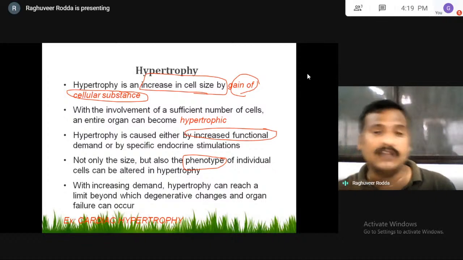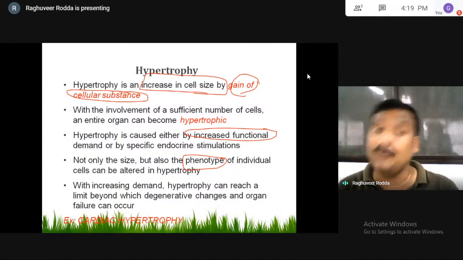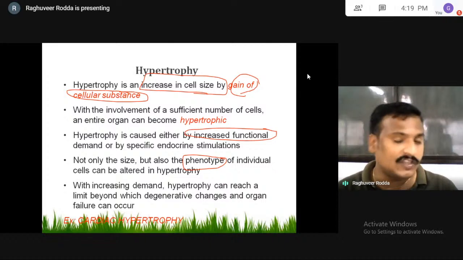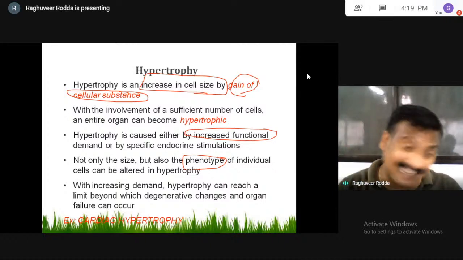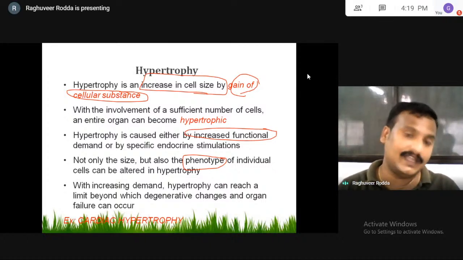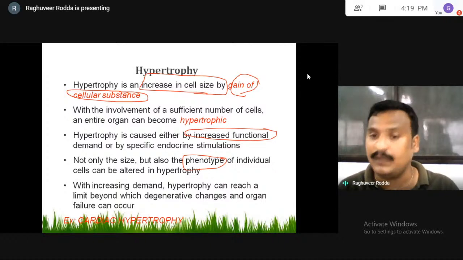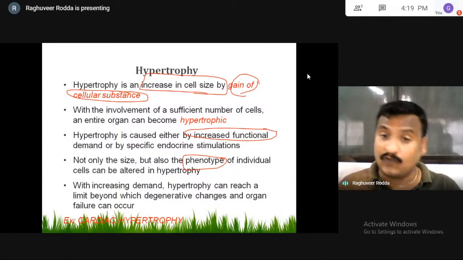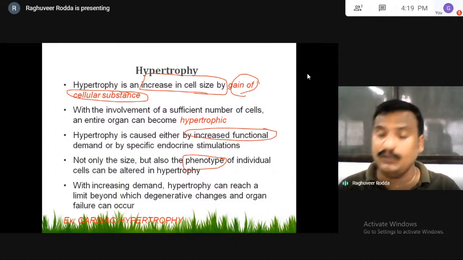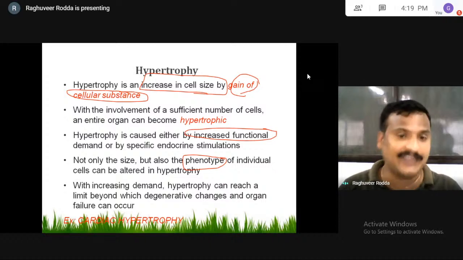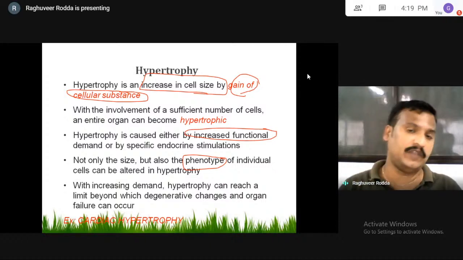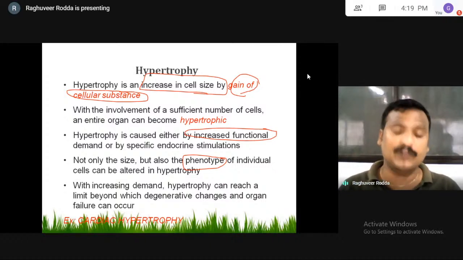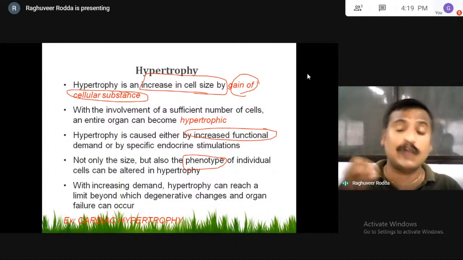At that time, they change their genomic structure, and that is called the phenotypic cells. Such phenotypic cells are also influenced by the hypertrophic condition. So it is a very important point.